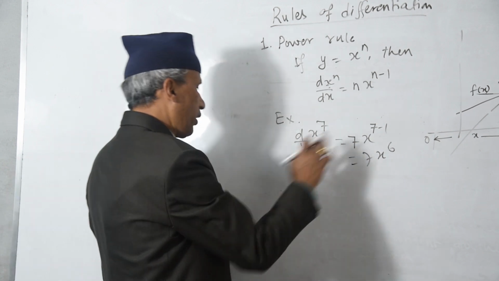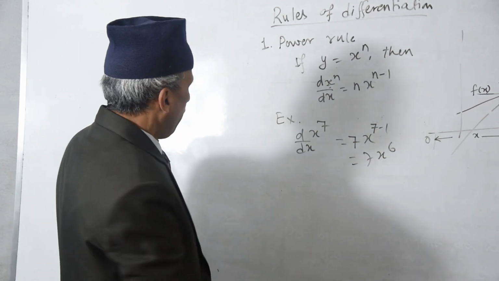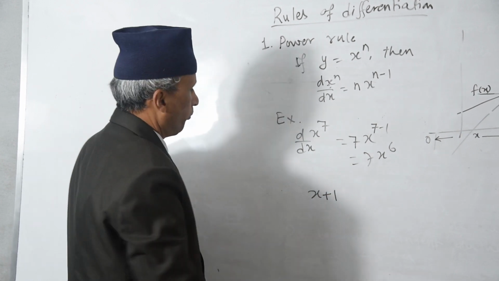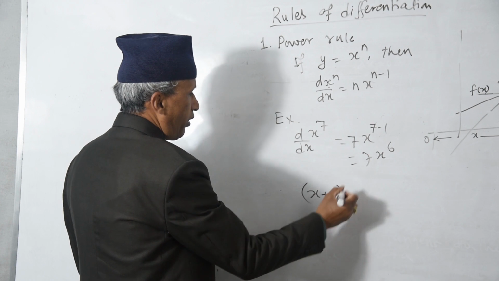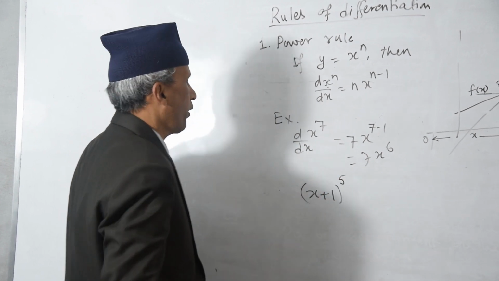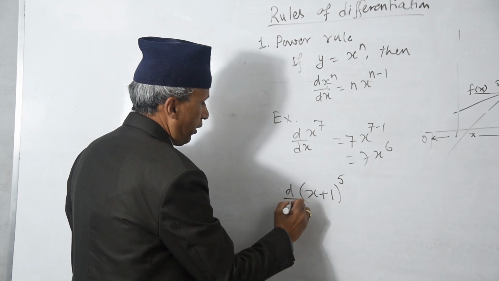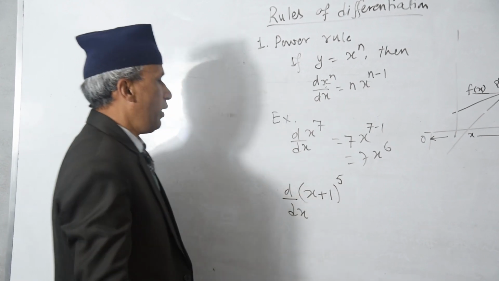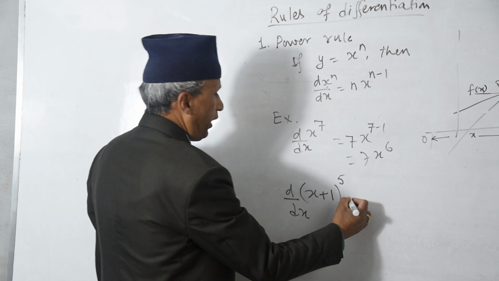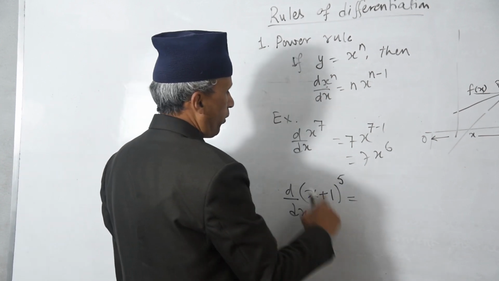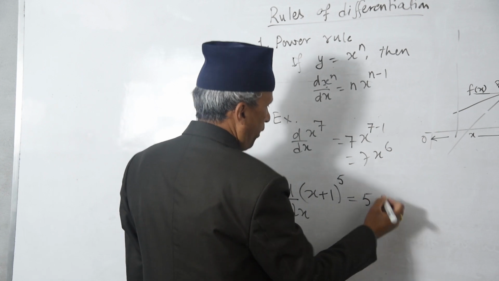So if this function has any power, for example, if there is x plus 1 to the power 5, then you can find this derivative by using the power rule, okay. This is x plus 1, so this is 5.